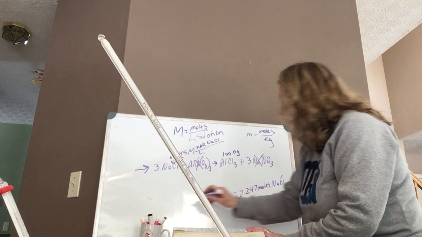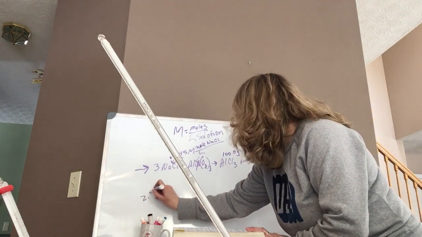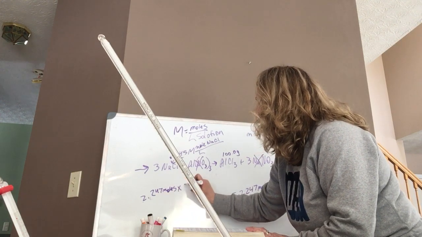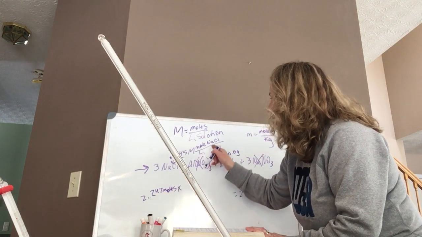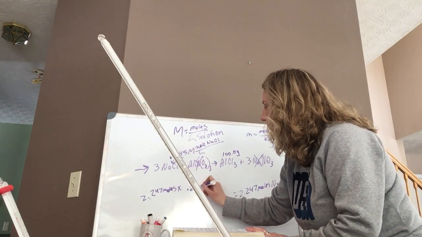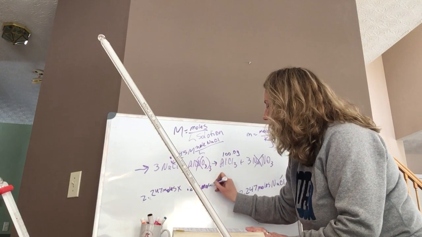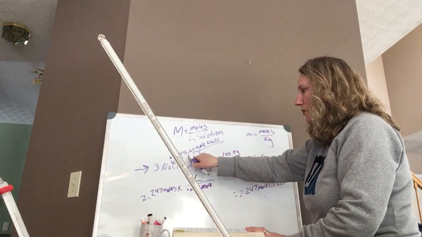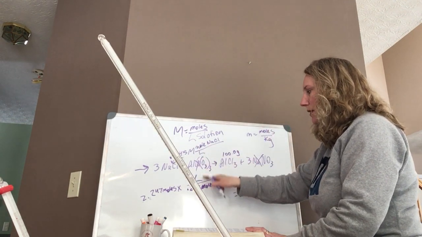So this is my moles, so I'm going to start over here. 2.247 moles times, I want my moles to cancel out. So 0.245 moles in 1 liter. I use this number and I just put the moles on the bottom.